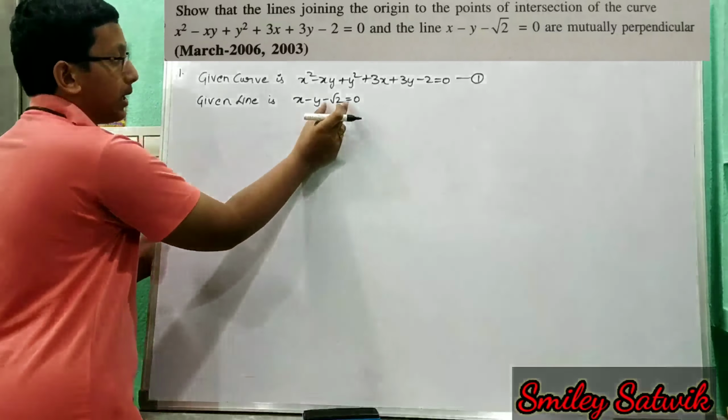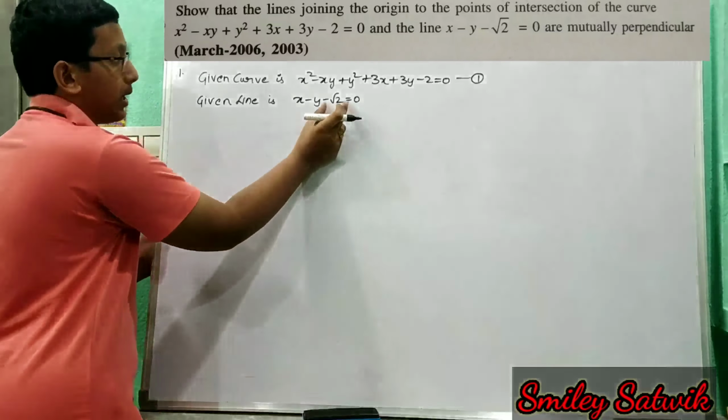Now drop this equation the same: x square minus xy plus y square plus, taking root 2 outside, 1 by root 2 into 3x square minus 3xy, plus 1 by root 2 into 3xy minus 3y square, minus 2 into this.